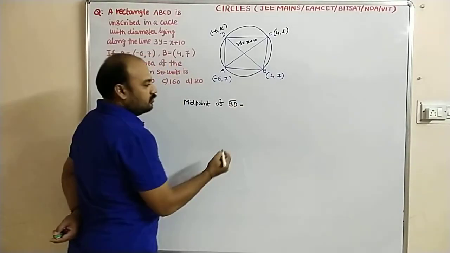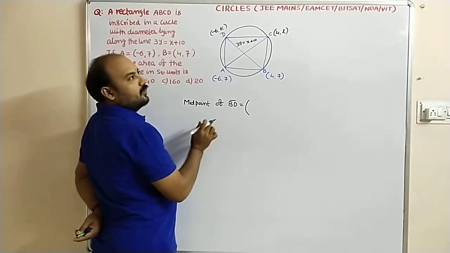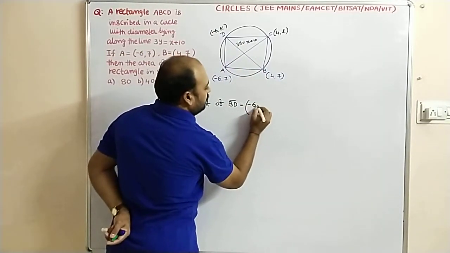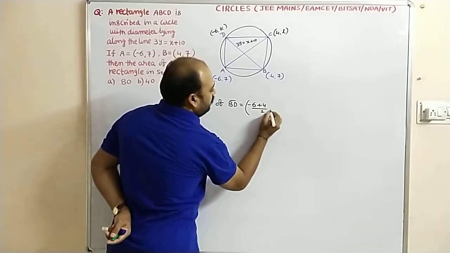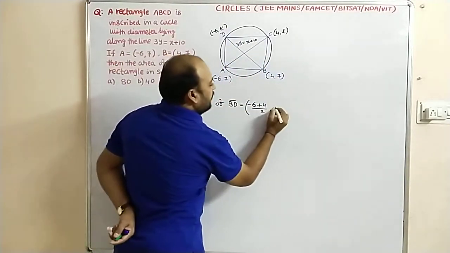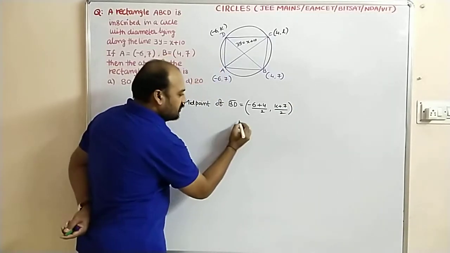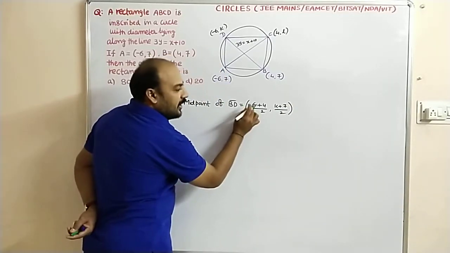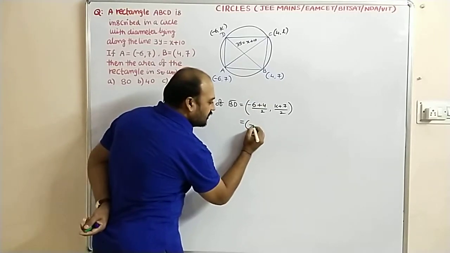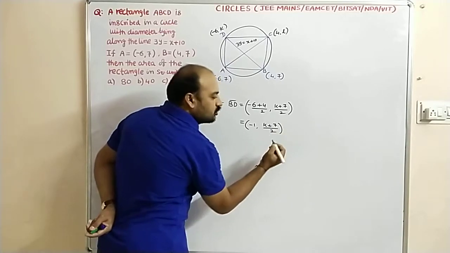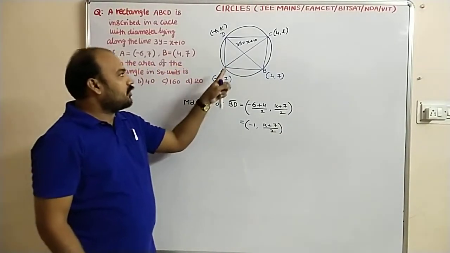is equal to, by the midpoint formula, (x1 + x2)/2, (-6 + 4)/2, comma (k + 7)/2, which is equal to (-2/2, (k + 7)/2) = (-1, (k + 7)/2). This is the midpoint of BD.